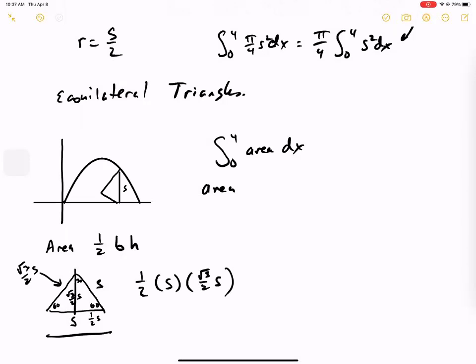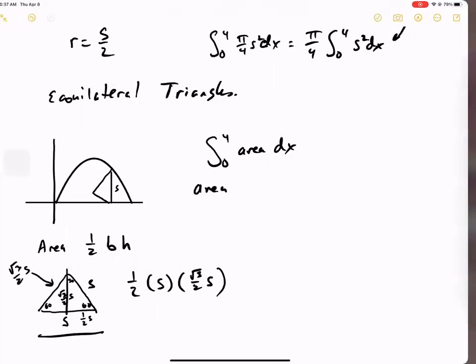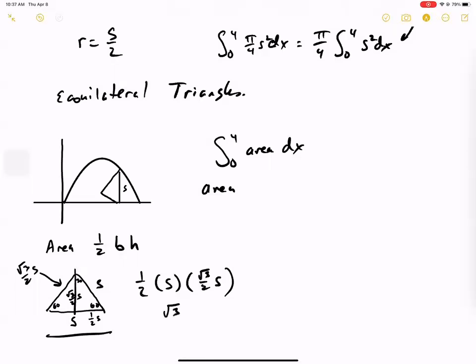Right? 1/2 base times height, which is square root of 3 over 4 s squared. All right. How do you guys like that?